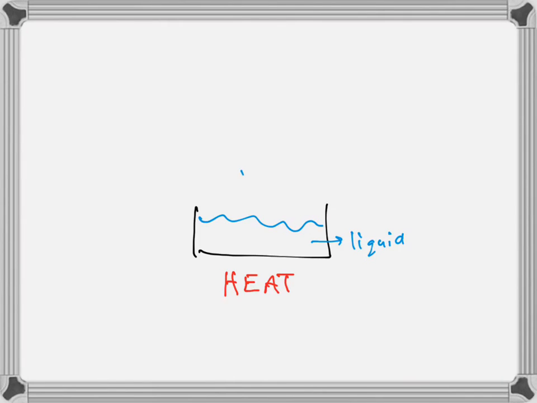It boils and it turns into, that's my representation of a gas. What is the identity chemical formula for the liquid? H2O. What is the chemical identity for the gas? H2O.